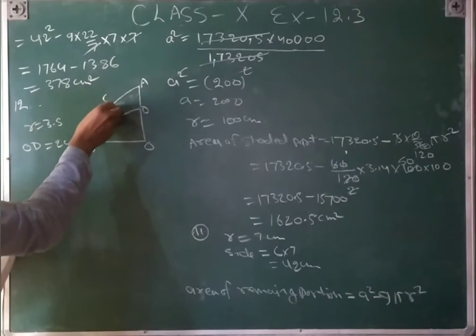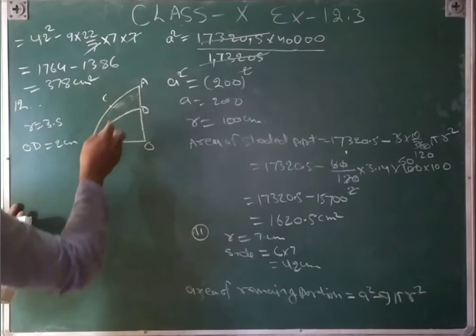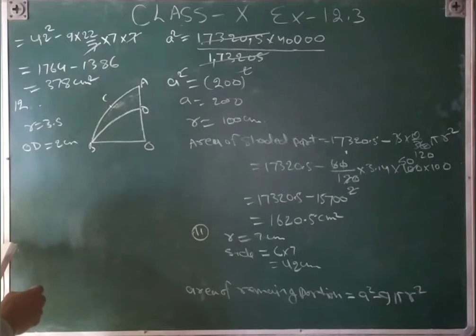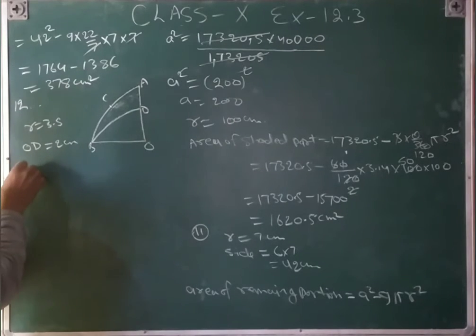So area of shaded region, this region we need to find the area. First part is area of quadrant OAC.